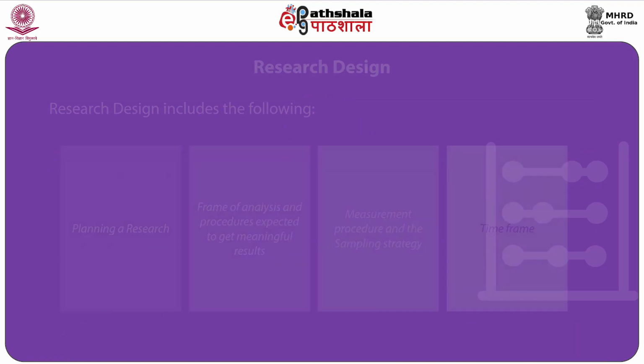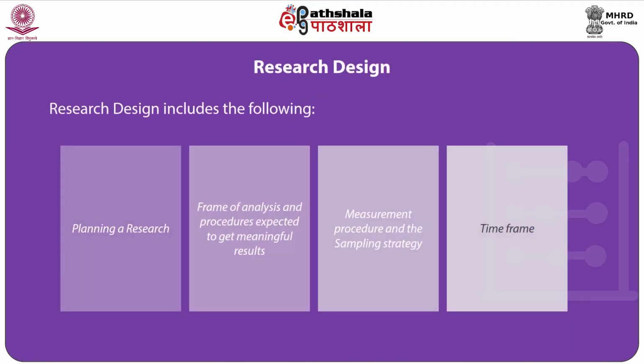By and large, the research design includes the following: planning a research, the logical arguments that need to be undertaken, the measurement procedure, the sampling strategy, the frame of analysis, procedures expected to get meaningful results, and at times the time frame also.